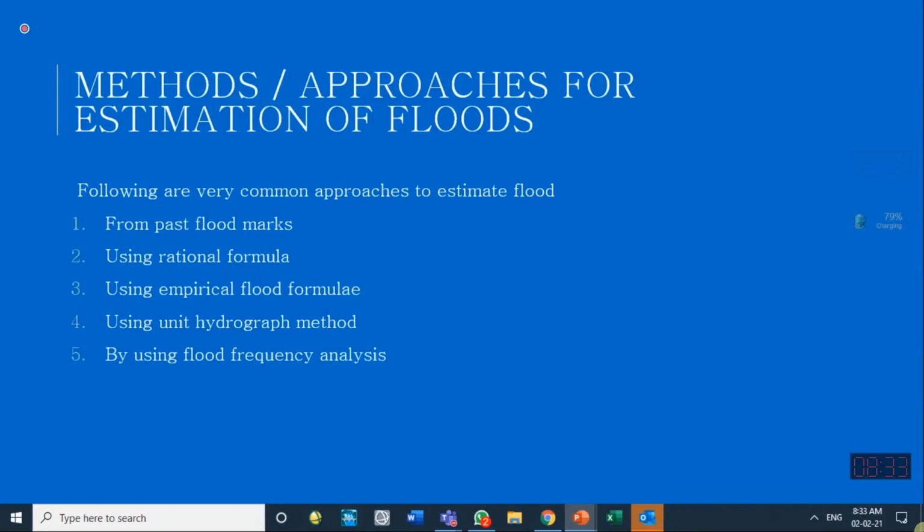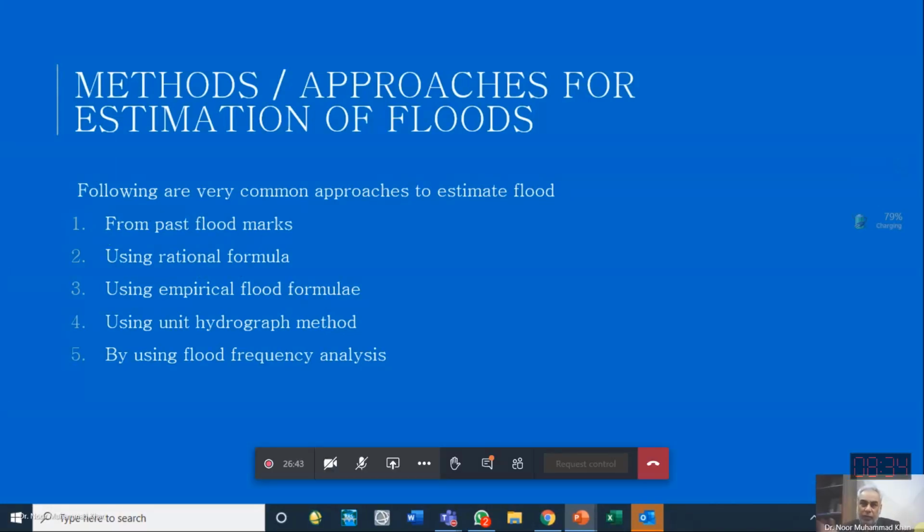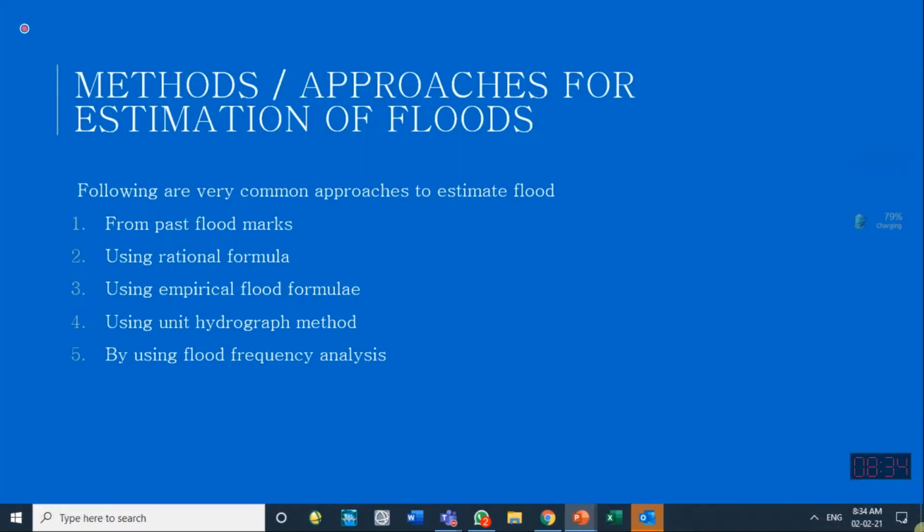Depending upon the importance of the structure, there are different ways to decide the possible floods. Some of the methods mentioned here are empirical methods. People have developed equations for estimation of the runoff for any rainfall, like the Khosla, Lacey and English methods we have studied for estimating direct runoff if the rainfall is known.